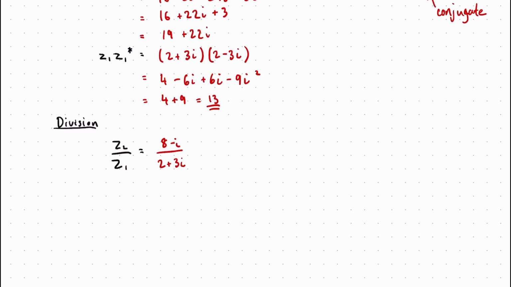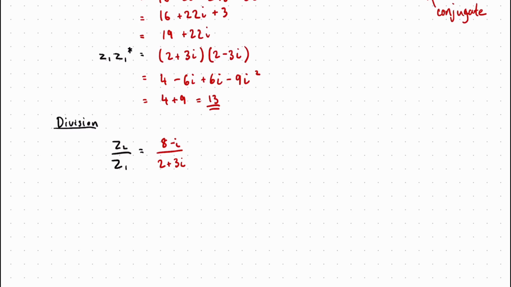We need to know what we can do to basically rationalize our denominator. So when we say rationalize our denominator, that means get it into just a number. We just want the bottom to be a number that can be expressed as a over b. So we need to get rid of 2 plus 3i.